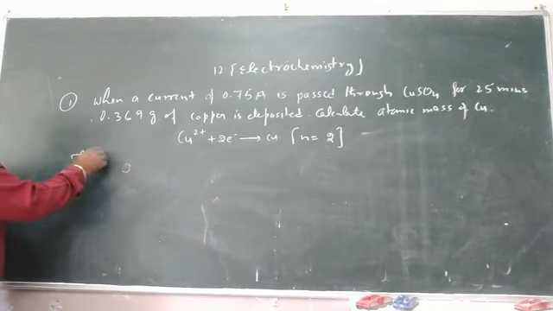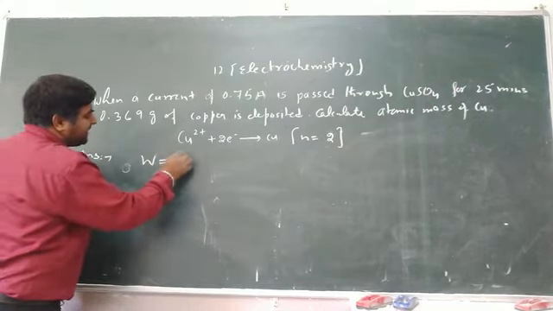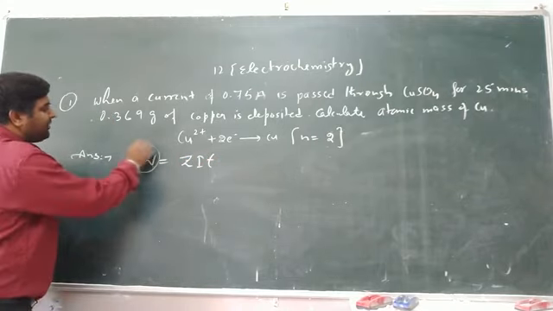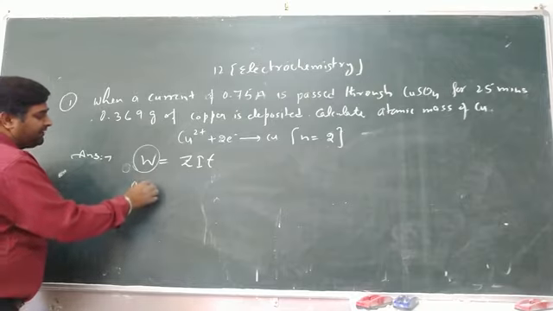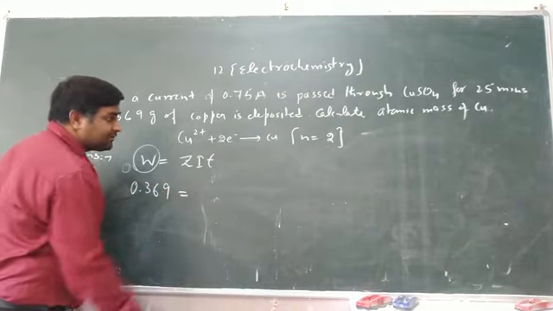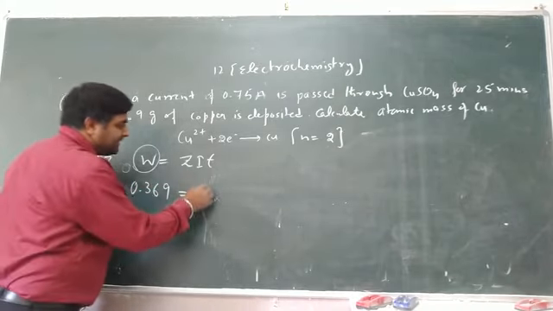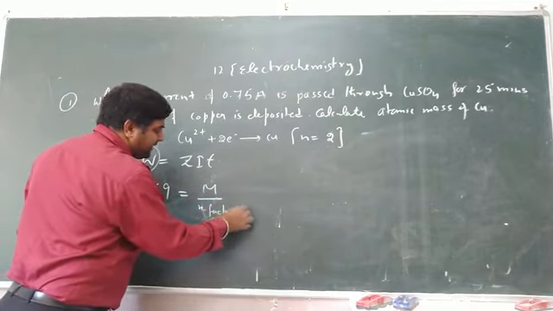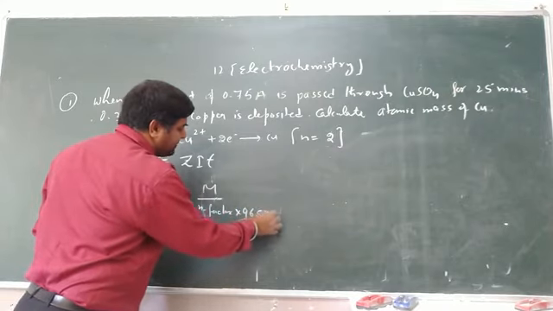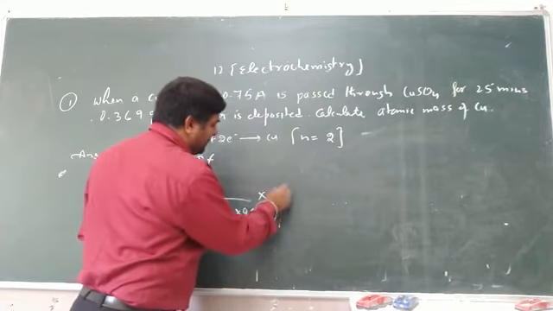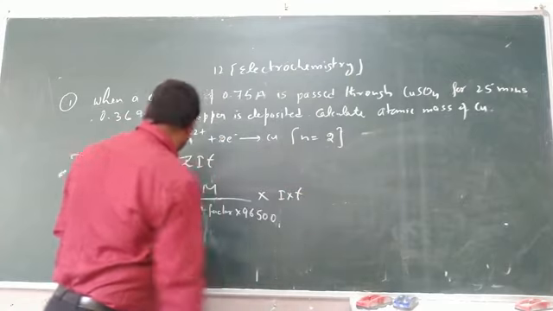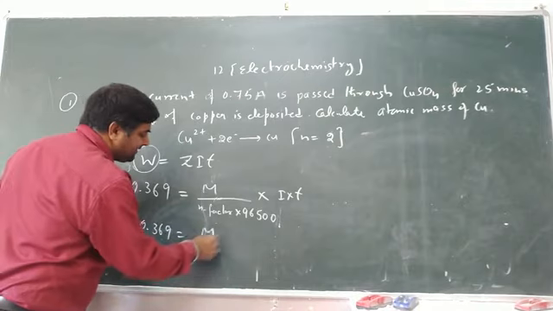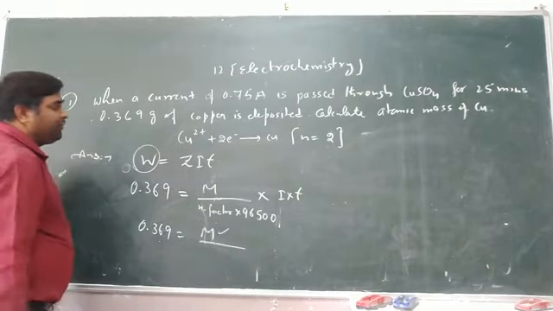Now we write the formula. W equals ZIT. What is W given? 0.369 equals Z, which is molar mass upon N factor, into 96500 into I into T. So 0.369 equals molar mass, which we need to calculate, upon N factor.